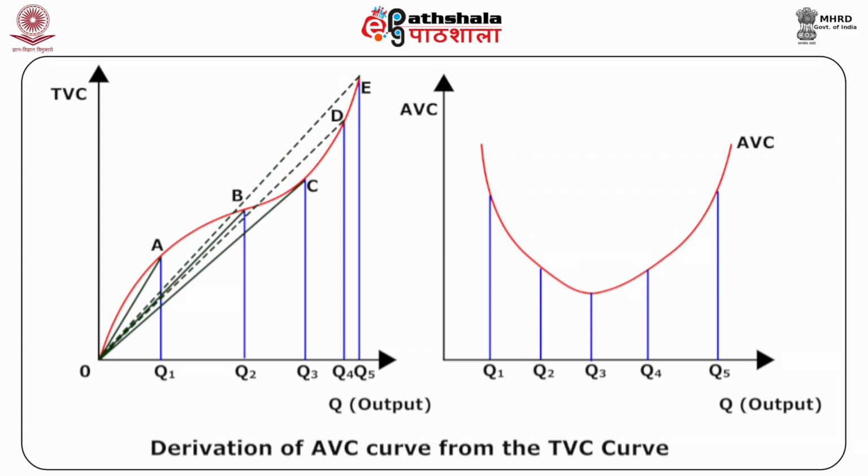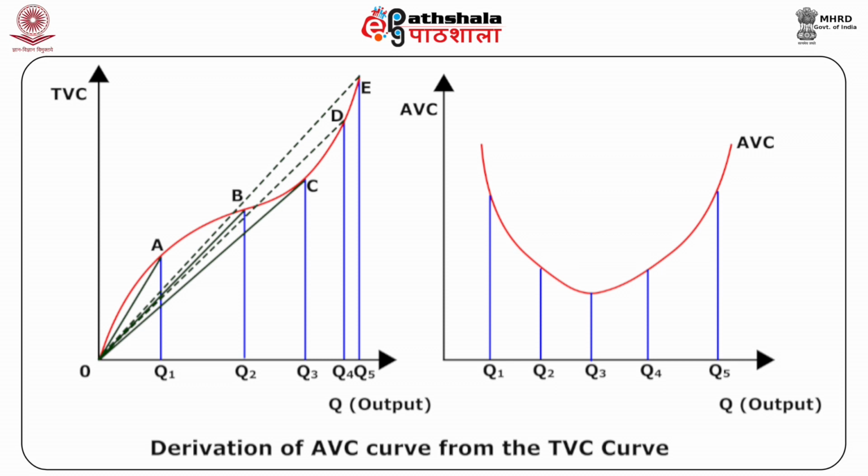Now, the slope of this line OA will give you the average variable cost. At this point, you would notice that the slope of the ray from the origin OA is much higher than the slope of another line OB, which corresponds to the output Q2.